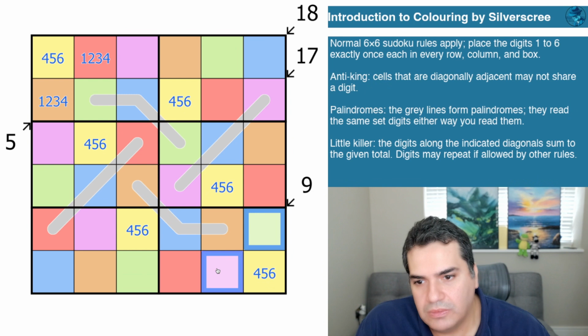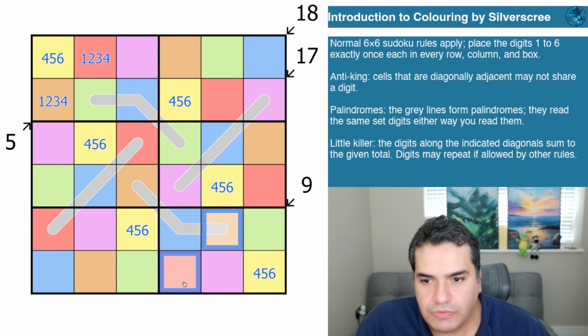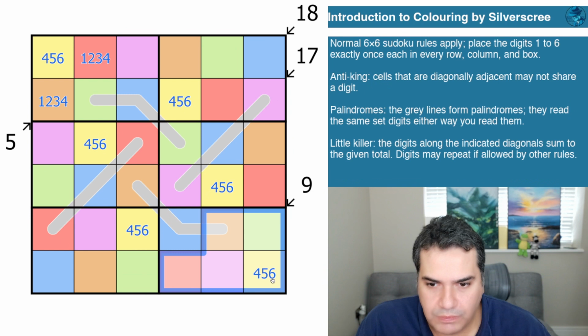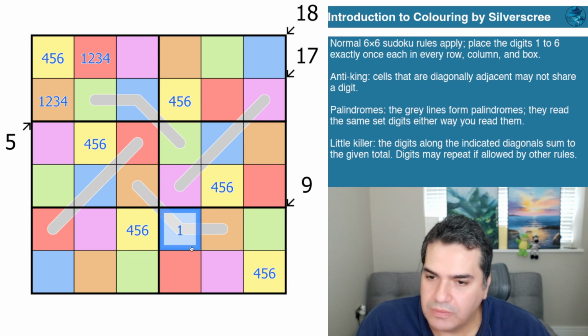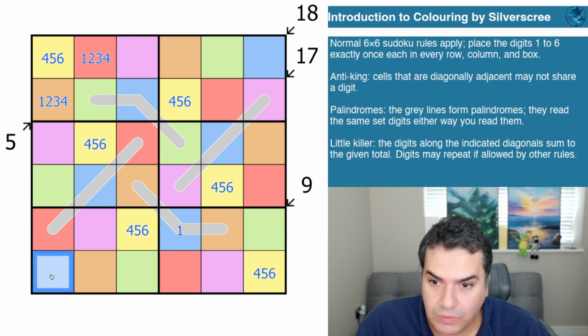Does it not? So if this is 2, 3, yeah, I think this actually helps. So if this is 2, 3, this has to be 4, 5, and this would be 6, and then this would be 1. And that would break because of the 18. We just said that yellow has to be 3 more than blue.